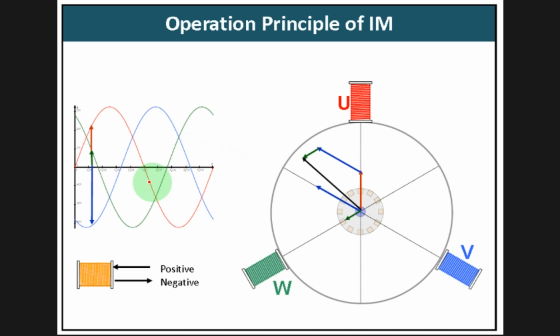Then the blue one is going outward from the coil, so it will be in this direction. So we have to add all these three together to find the resultant. We start with the red one, the blue one is added to that, and then the green one. So we get the resultant in this direction. Earlier it was somewhere here, now it has rotated to this direction.